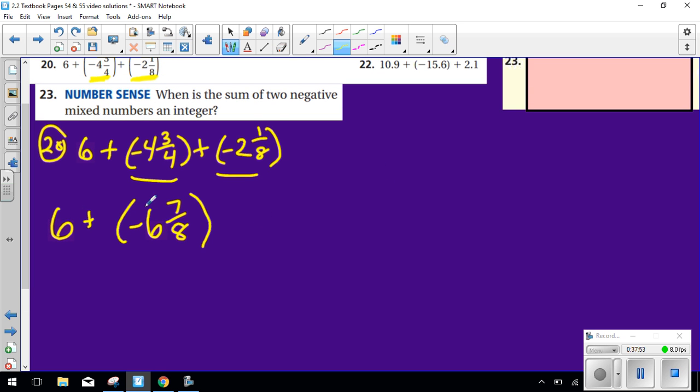So when the signs are different, I subtract. So I'm going to take the larger absolute value and subtract the smaller. So 7/8 minus nothing is 7/8. And 6 minus 6, well, that's 0.